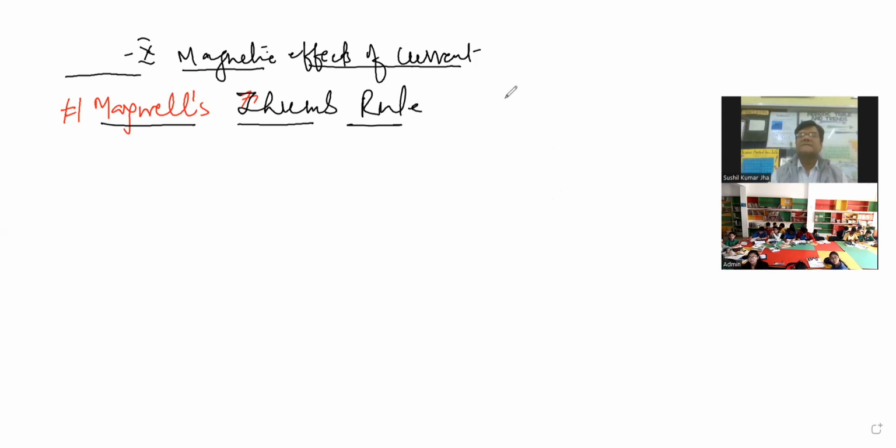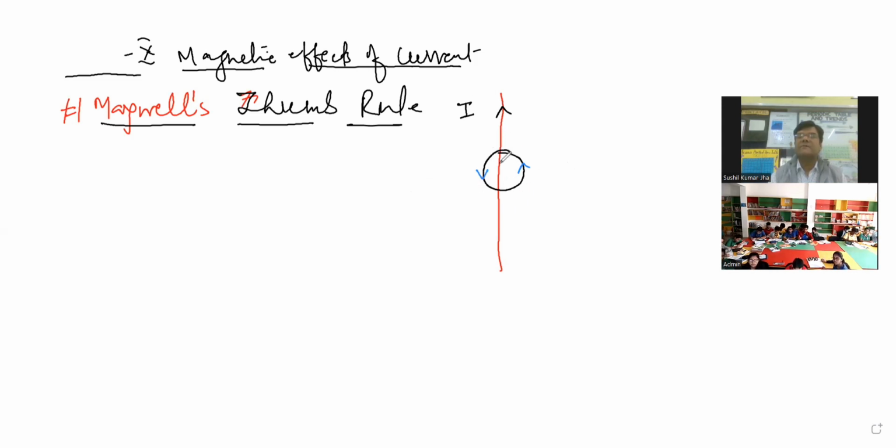So let us take a straight wire, and let's assume that there is current in this wire which is vertically upward, I, and then make a circle around it. When you draw a circle around this straight wire and put an arrow like this, this direction of arrow is called anti-clockwise direction.